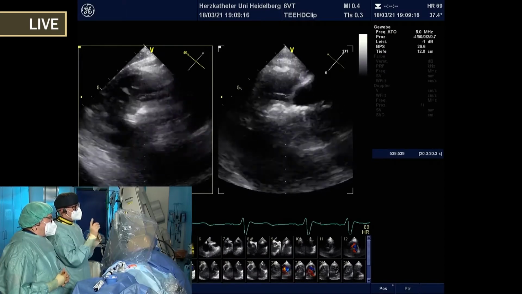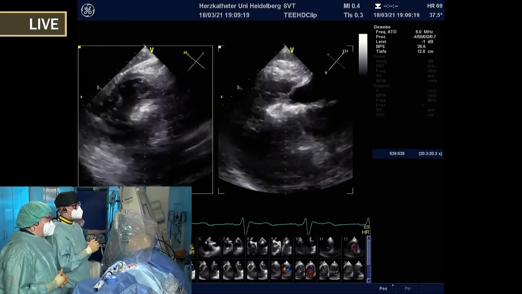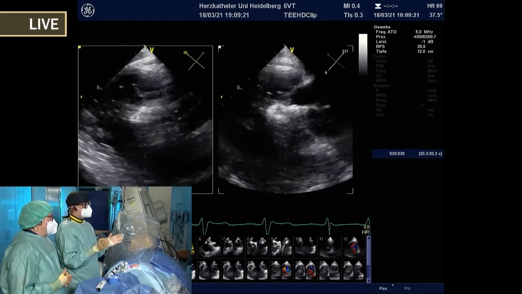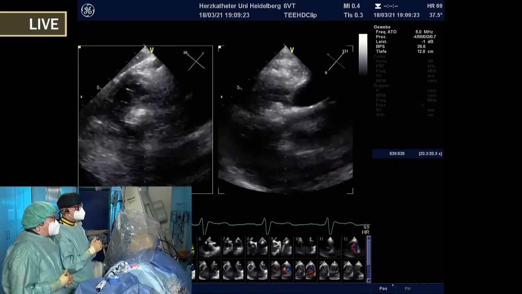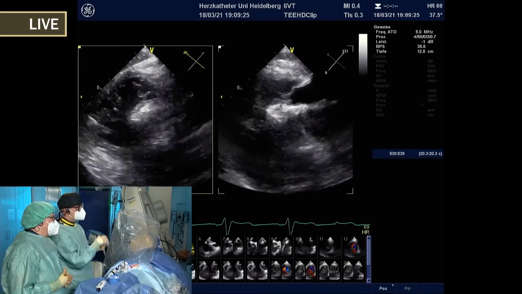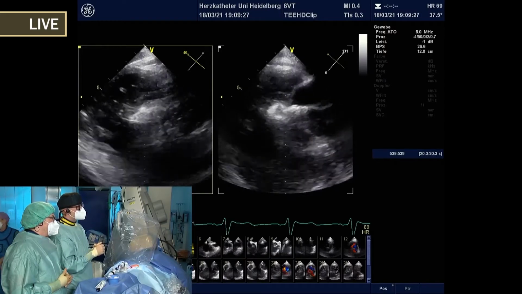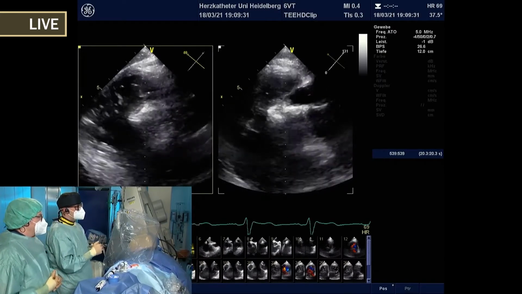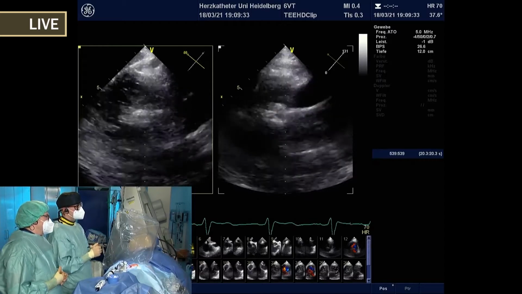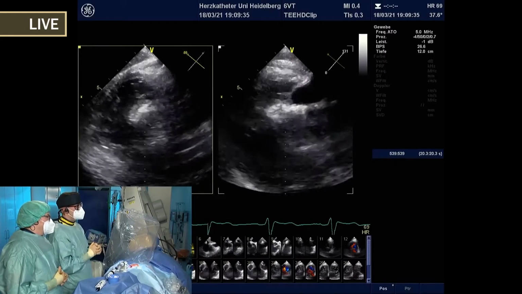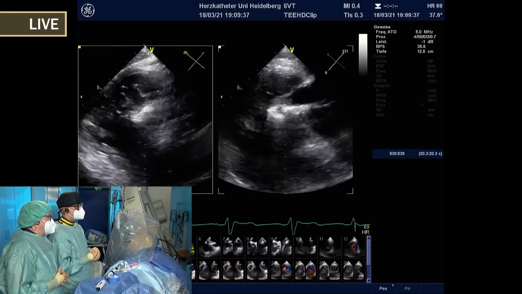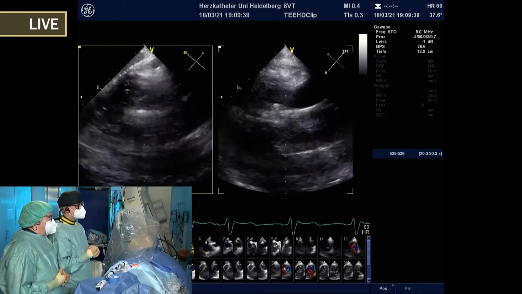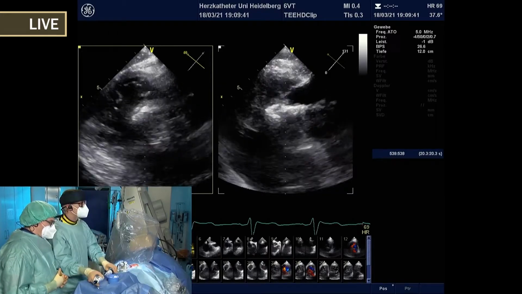And the second thing which I really like about the PASCAL device is that you can elongate it completely. Recently we had a case where we got entangled in the posterior septal cords, and we really had struggles, but we managed to get out of this entanglement by really elongating the device, which I think is a good safety feature for the device.